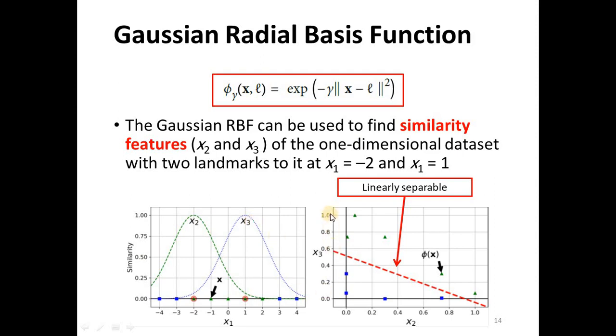Now we get a two-dimensional problem, and there is a decision boundary that separates the green from red.